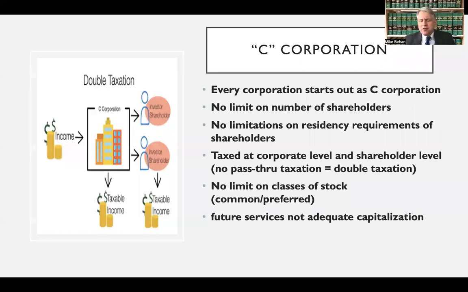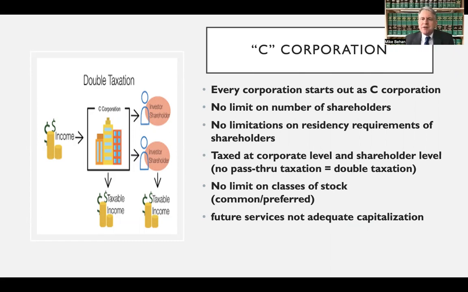As I said, regarding the classification of the corporation and how it is taxed, you will hear the terminology: is this a C corporation? Is this an S corporation? Every corporation begins as a corporation classified under subchapter C of the Internal Revenue Code. The election to S status can be made, and it is often made, particularly if you have a closely held, privately held entity.